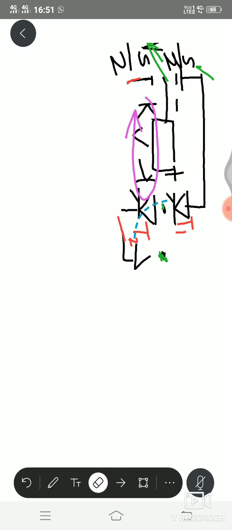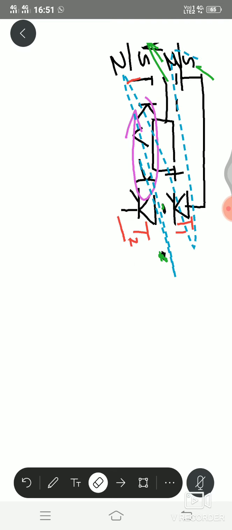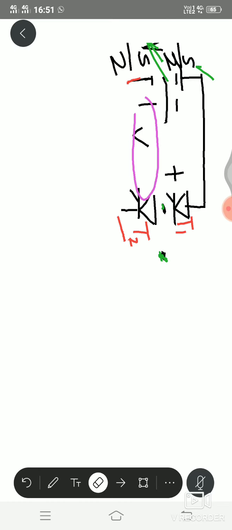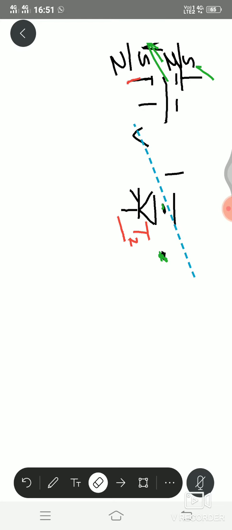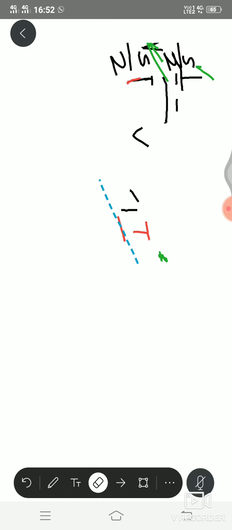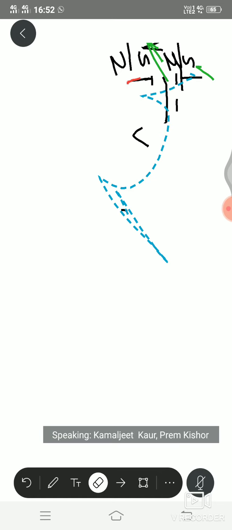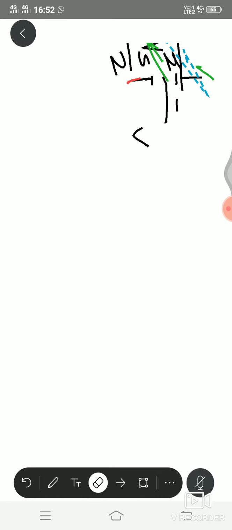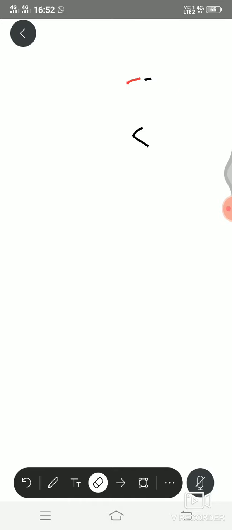You have to first understand this part, then I'll be explaining. Okay, now the waveform.